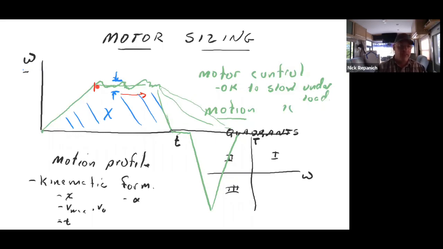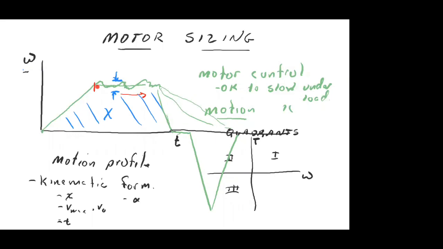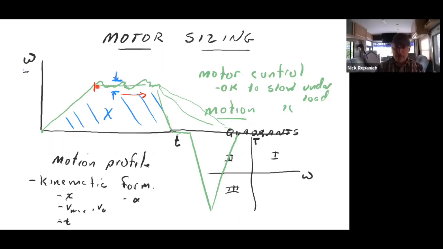The vacuum cleaner, you didn't really care. But as we get to motion control, we will start programming that acceleration rate and this deceleration rate. We'll have control over it when we move to motion control. And the math is a lot easier with kinematic formulas to figure out the relationship between how far you want to go, when you should start decelerating, and what speed you should go to make this all work.